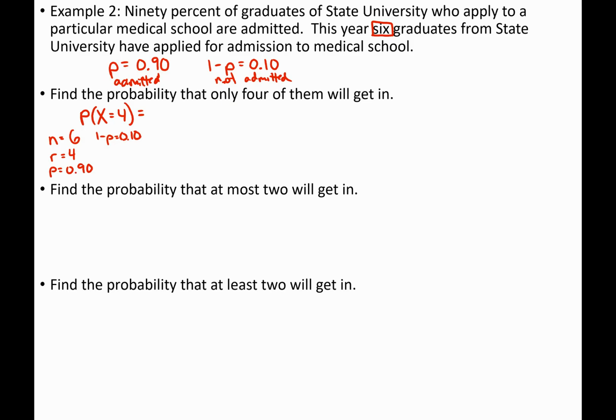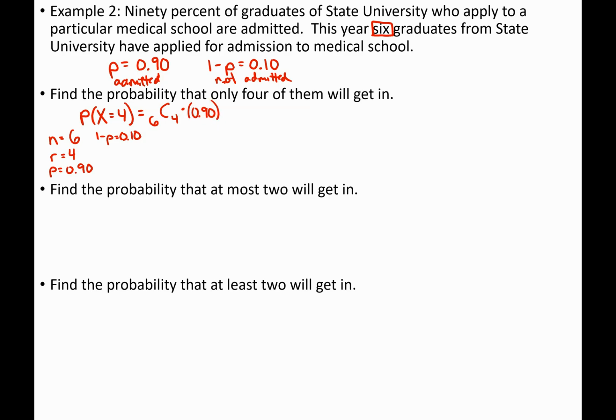I think that covers everything from our little formula. It does. All right, so here we go. The first part of our formula, we have an NCR. So I have 6 trials, 6 applicants. I'm going to choose 4 of them as successes, which in this case, that they get in. Times, we have our lowercase p, which is probability of success.